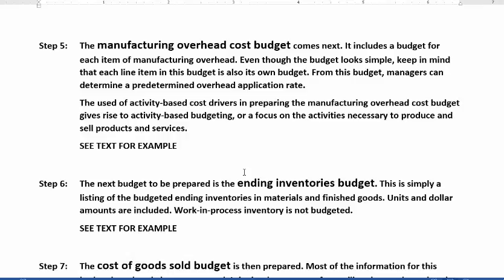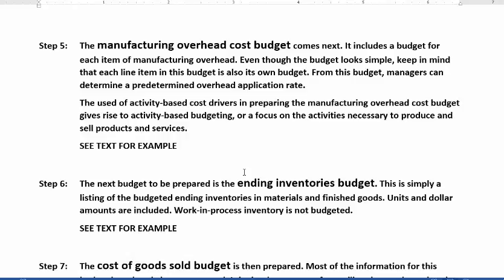Okay, and this is the estimated direct labor hours, estimated direct labor dollars, or estimated machine hours for the period. In advance, we're calculating that.